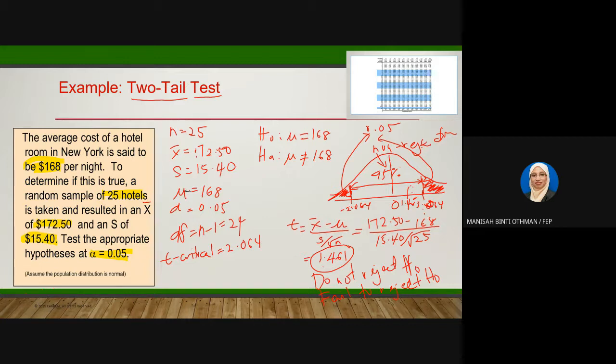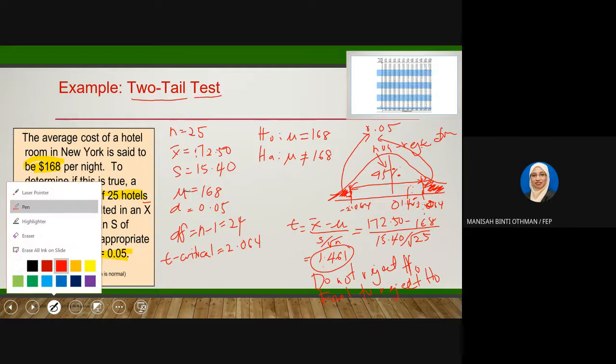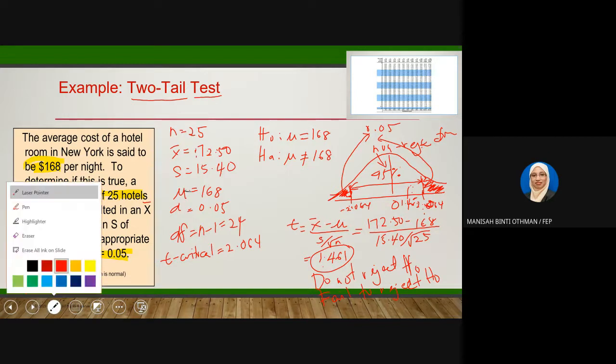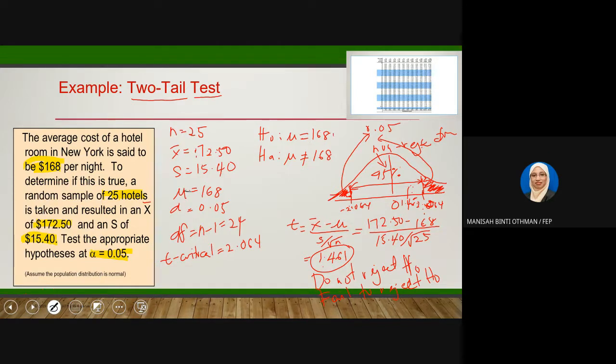When you fail to reject, it means the null hypothesis is true, because you cannot reject it. We cannot conclude that we reject the alternative hypothesis instead.